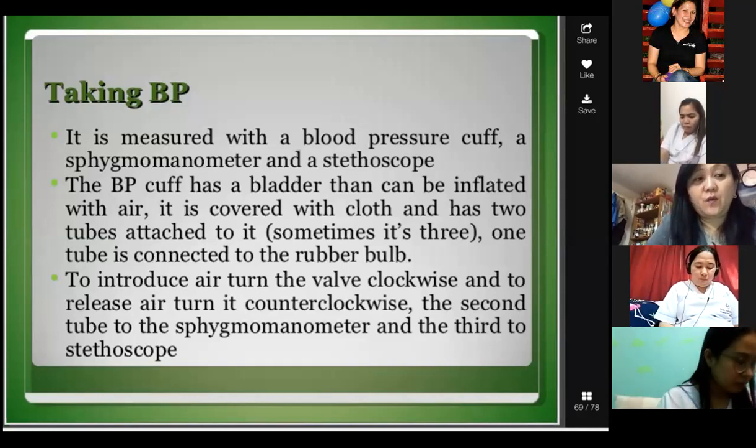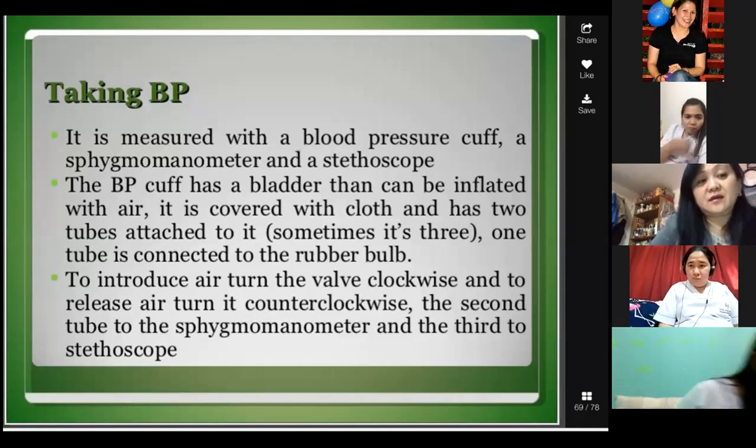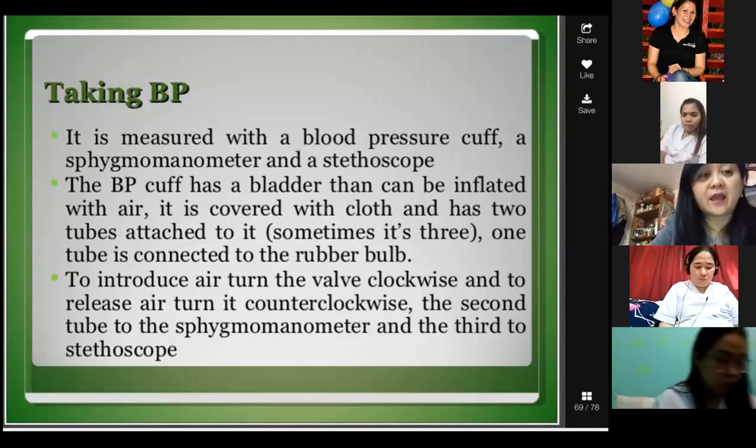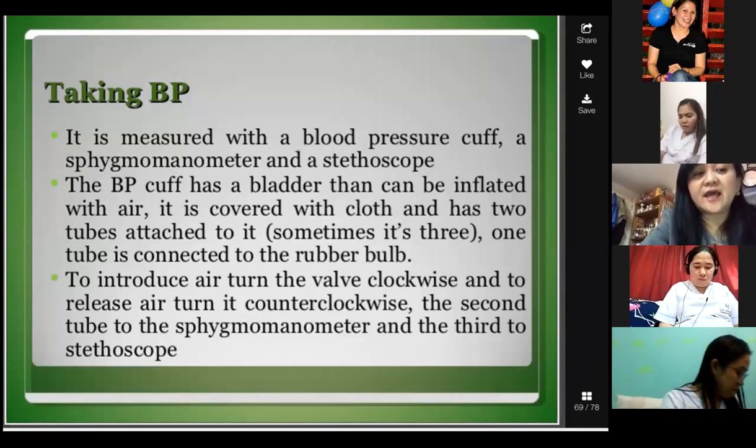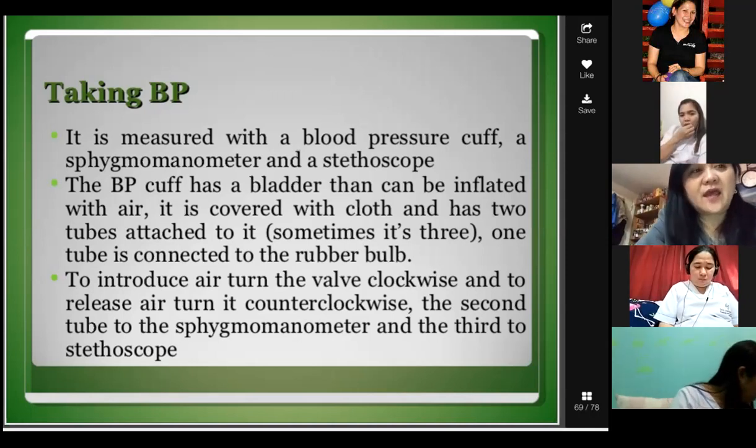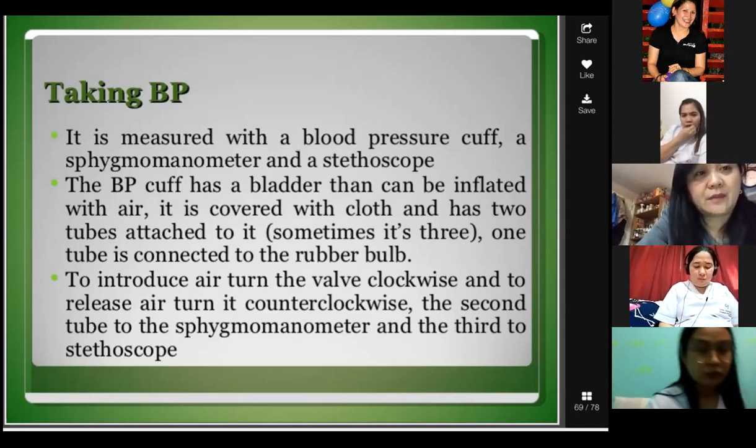One tube is connected to the rubber valve. Now, you have to introduce the air, turn the valve clockwise, and release the air by turning counterclockwise. And the second tube is used for the sphygmomanometer and the third for the stethoscope. Ito yung example how to take the blood pressure already.